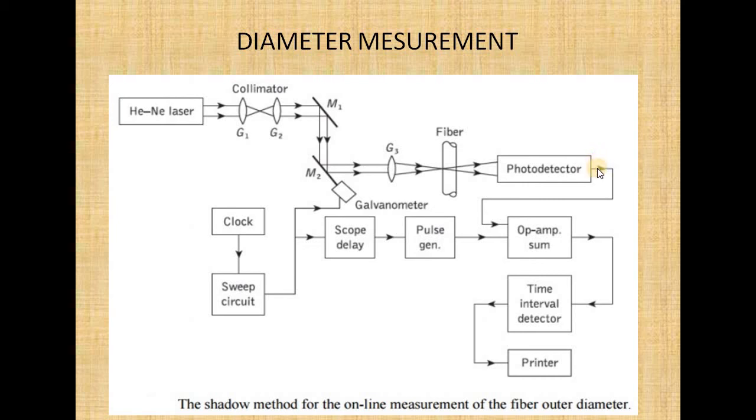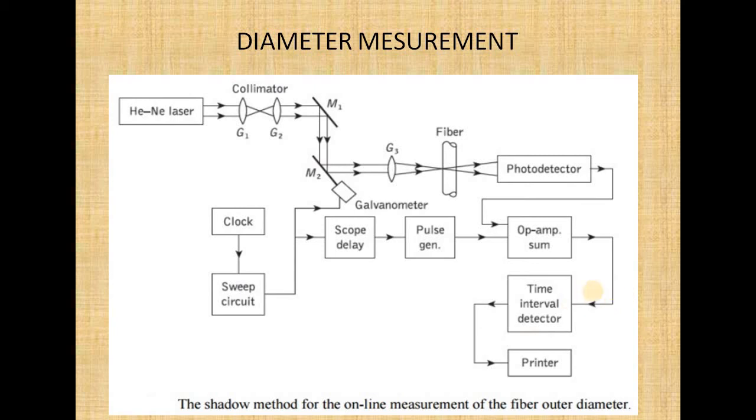The output of the photodetector is fed to the op-amp summing amplifier. It amplifies the pulses from the photodetector according to the reference pulses from the pulse generator. Finally, the width of the pulse is calculated using the time interval detector.